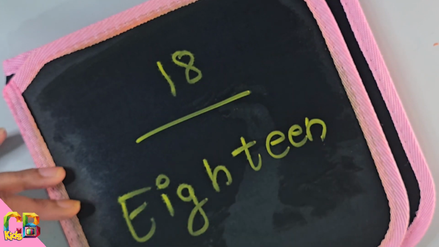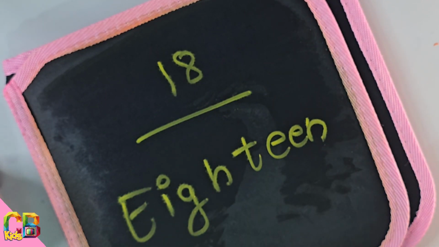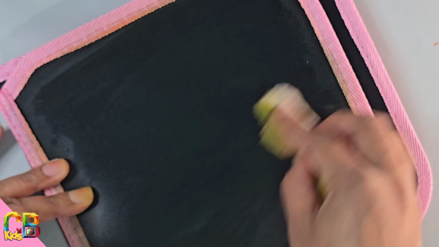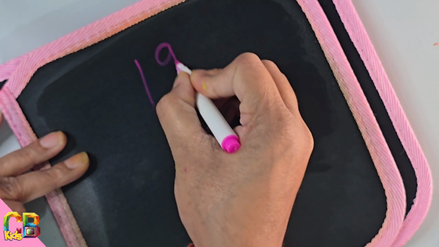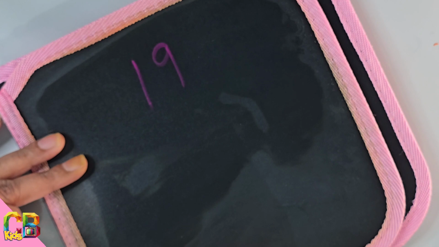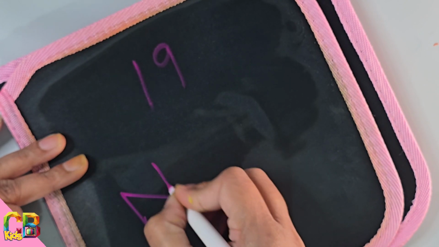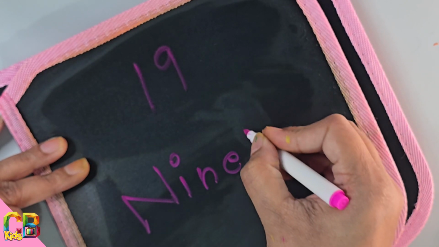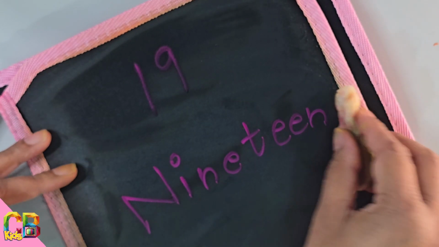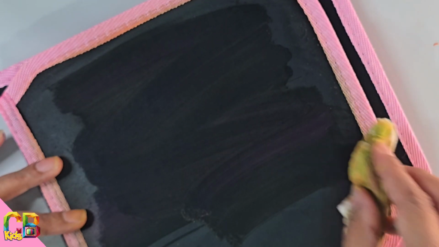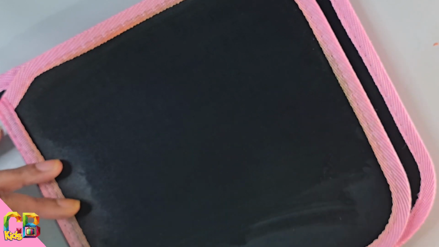E-I-G-H-T-E-E-N, 18. Okay, now let's write another number which is going to be 19. 1, 9, 19. Let's write spelling of 19. N-I-N-E-T-E-E-N, 19.